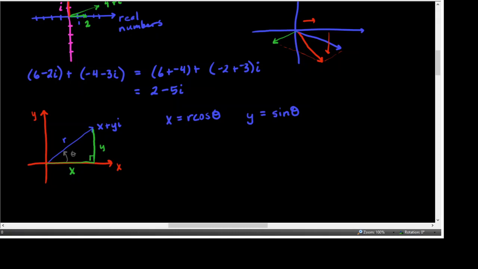So these are familiar equations for us. We also know that r is the square root of x squared plus y squared, and that tangent of theta is y over x, and x can't be 0.